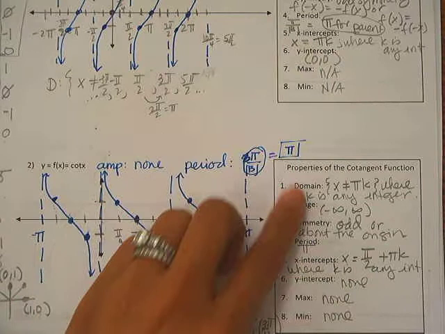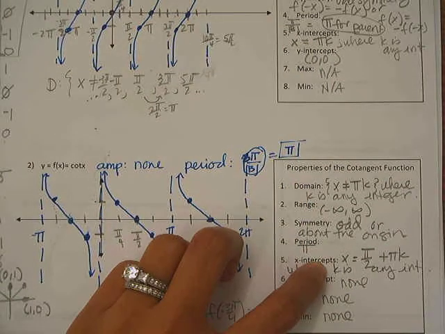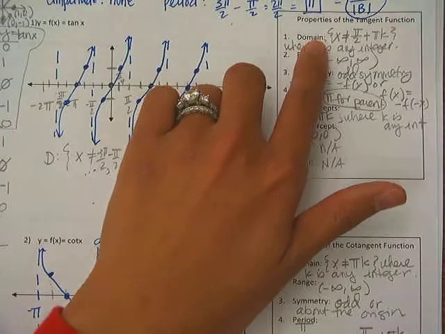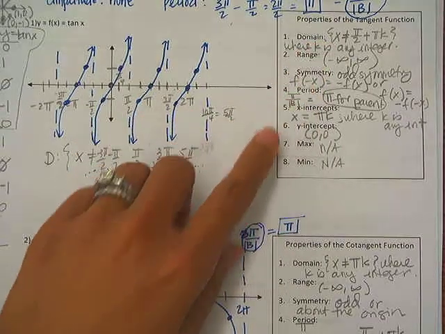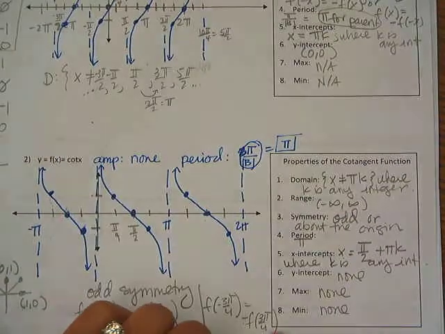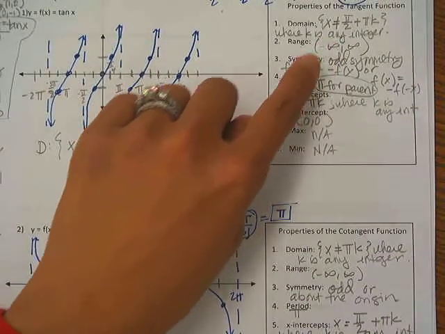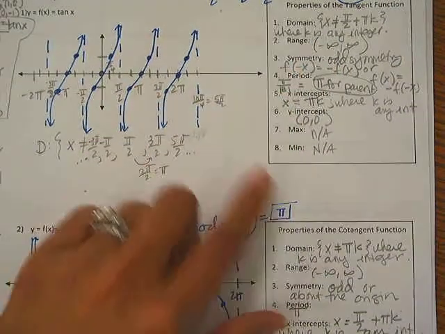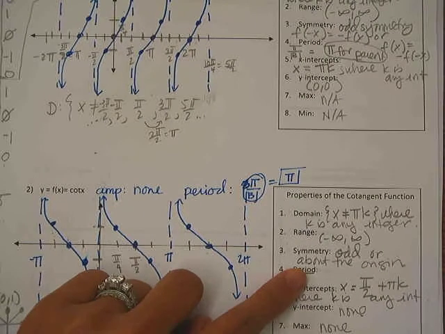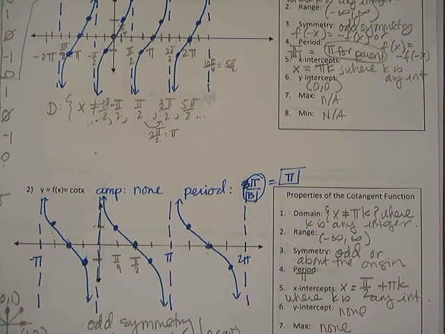Okay. The x-intercept on the cotangent is the same equation as the domain, right? Minimum and maximum, they're both none. They both have an odd symmetry, right? They both have the same period. So there's a lot of common things because these two are reciprocals of each other.